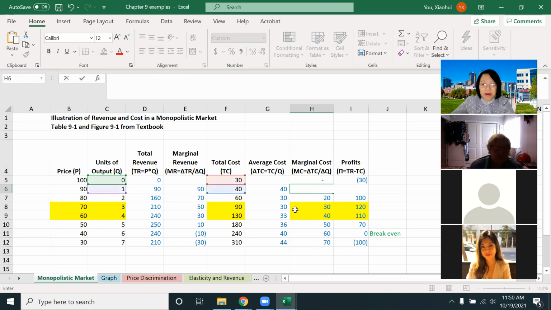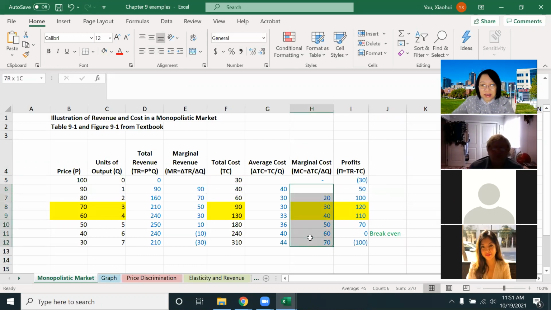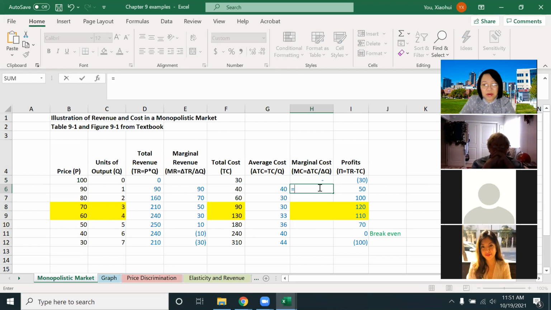Let me clear the content. Still, we cannot do the first one because there's no value for the previous, so we start from the second. The numerator is delta total cost.